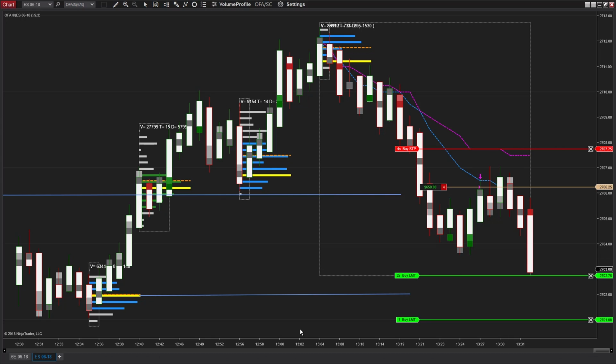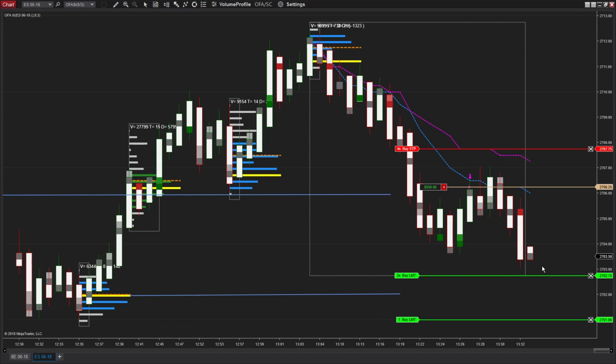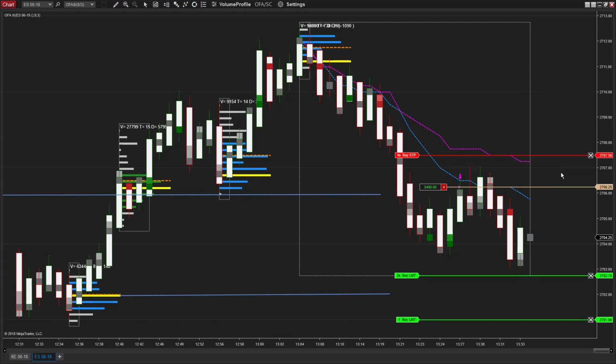Okay, wow, this is really moving down. Just a couple of ticks off there of the first target. Stop improving again.